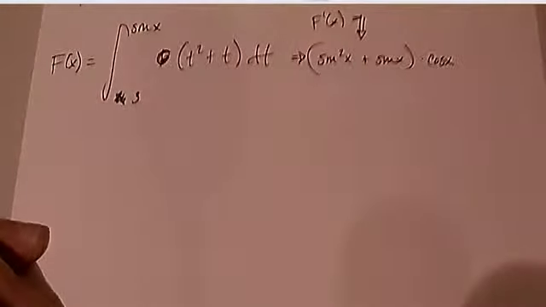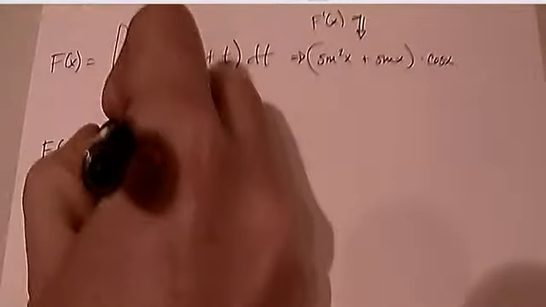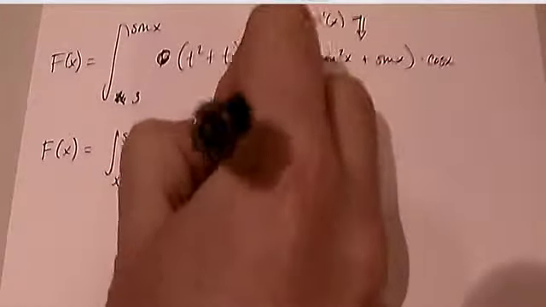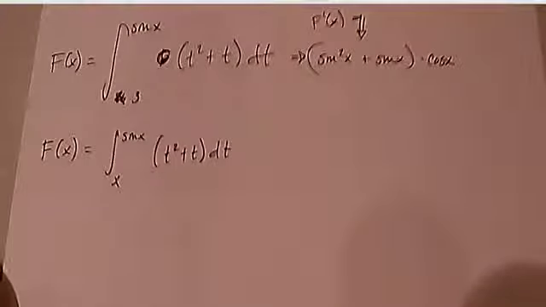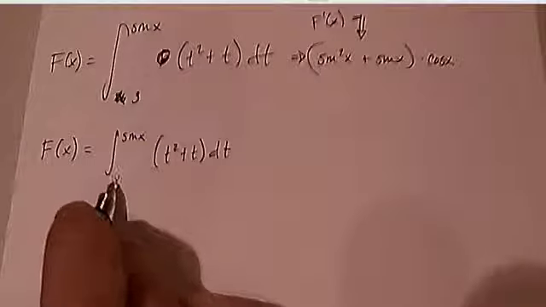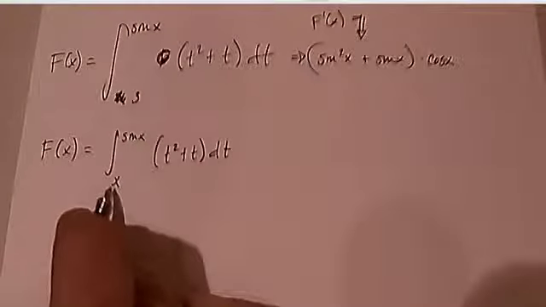Okay? So what happens if instead of 3 to sine x, it's x to sine x of t squared plus t dt? Well, I have to split it up. If I have x and sine x, if those represent values, I have to know that there is some constant between them.